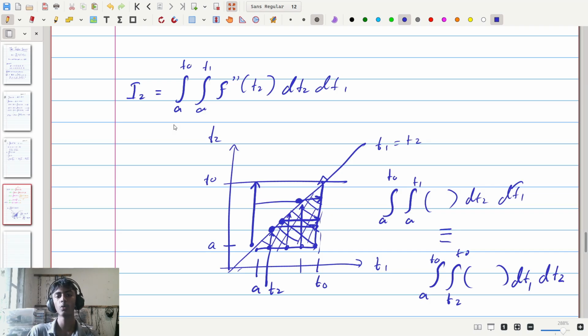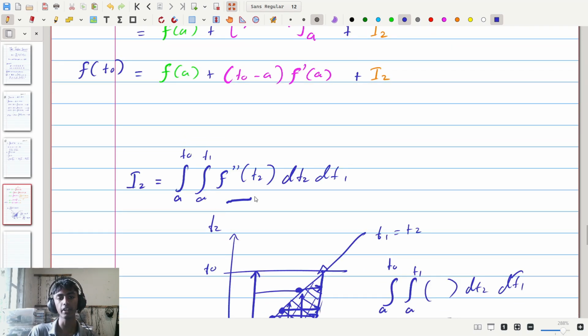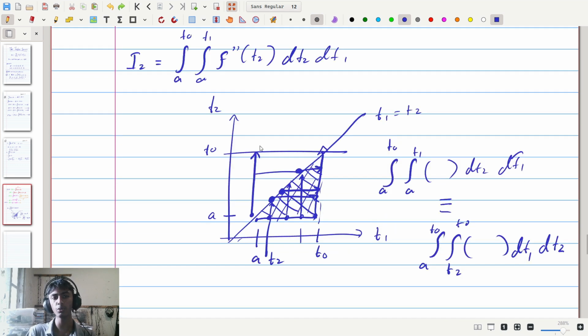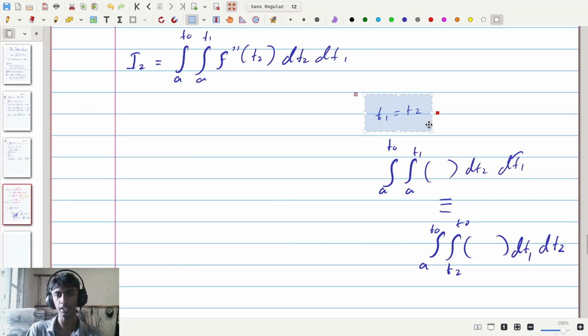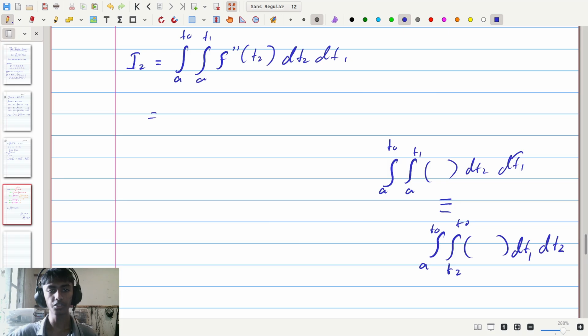Using this knowledge, we are going to be swapping this integration over here. This is basically scratch work. We are going to cut it, and we are going to be using this knowledge that we've just shown by observation, basically, that this integral is also equal to the same function f double prime of t2 evaluated as t1 changes from t2's current value up to t0 as t2 changes from a up to t0.